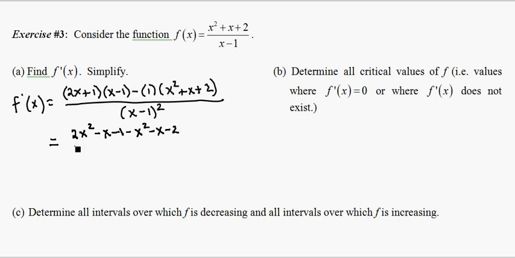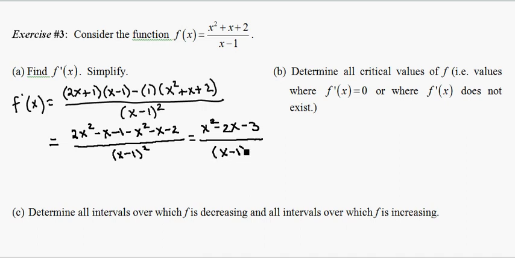And as I said, just leave the denominator as x minus 1 squared. Absolutely nothing else to do with it. Ultimately, what we'll end up having is x squared minus 2x minus 3 in the numerator, all divided by x minus 1, the quantity squared, in the denominator.